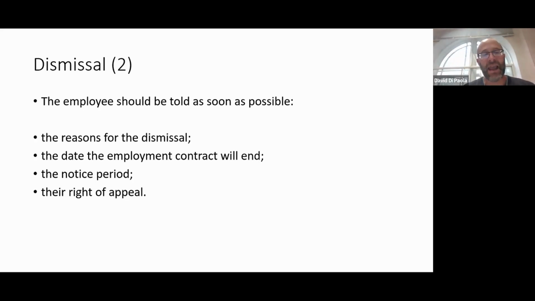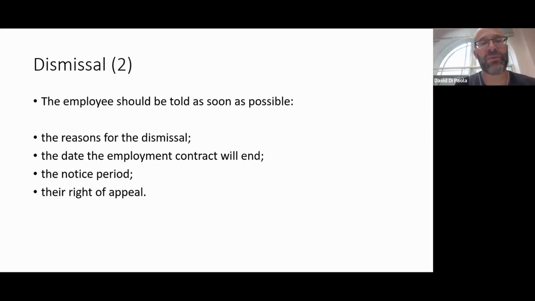Similarly, with grievances, the important point again is about a right of appeal. When someone is dismissed for gross misconduct or for repeat offending at a lower level, they have to be given a right of appeal. A right of appeal is not a statutory requirement, but I would always say to people, give them the right of appeal.